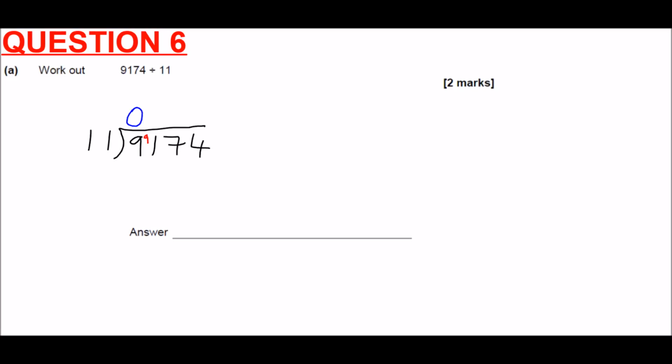By the way, what might help you is that for the number you're dividing by, you could always do the times table of that number just to the side of your page. So I'm just doing the 11 times table all the way up to 9.